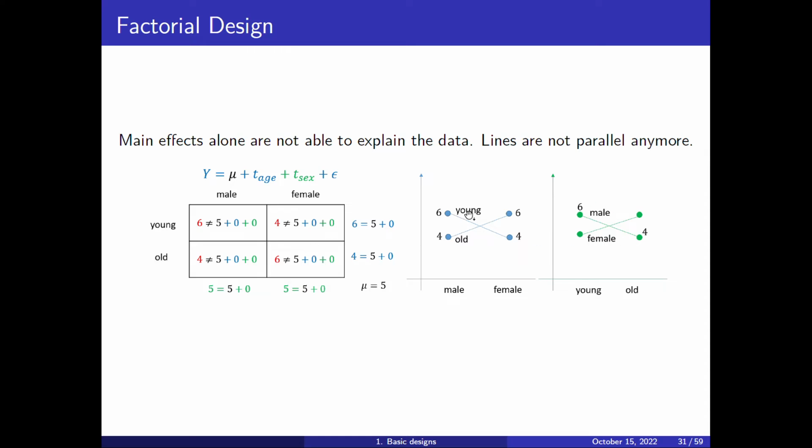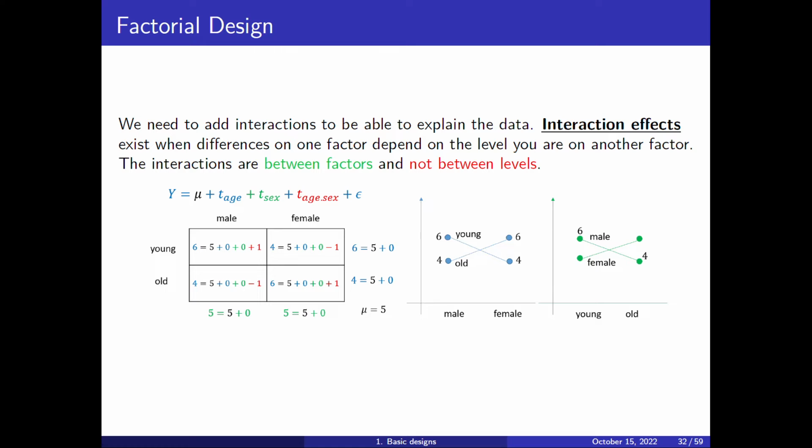When I make these plots, what I see is that the lines cross. So crossing lines or different slopes for each one of these lines calls for something called interactions, that we have not introduced so far, and we do it now. Interactions are between factors. Interactions are when the influence of a factor depends on the level of the other factor.